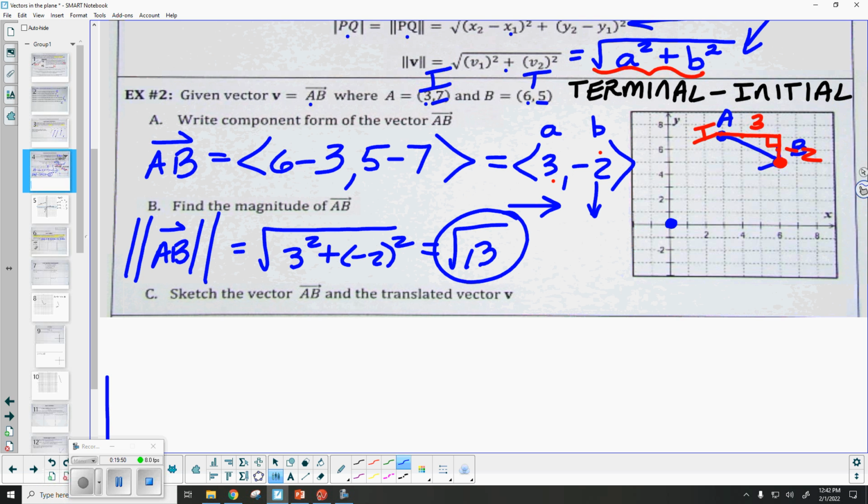Let's use the component form to make sure we have the exact vector. So 1, 2, 3 to the right, 2 down. So this should be the head. There's the translated vector. See, all I've done essentially is just slide it across my grid, same direction, same magnitude. They're both equivalent to each other.